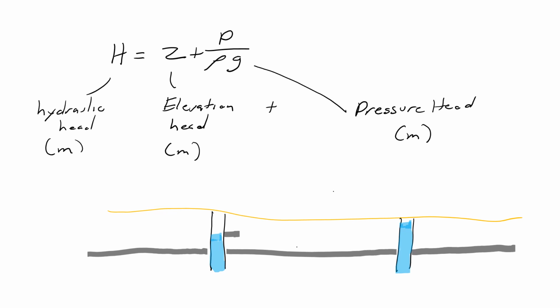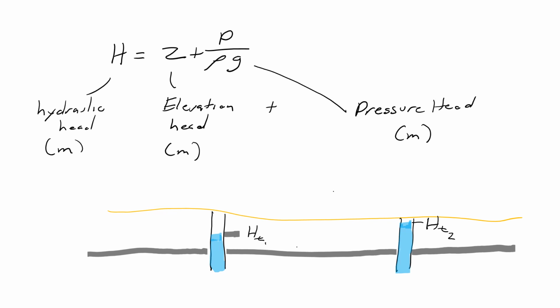This level right here is our total head, our total height above sea level for our first well. Here's our total head for our second well. Which one has more energy? The second one, right? And total head is a combination of the elevation head plus the pressure head.